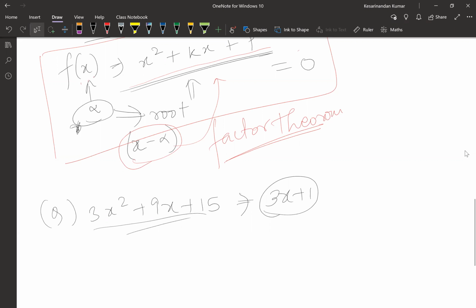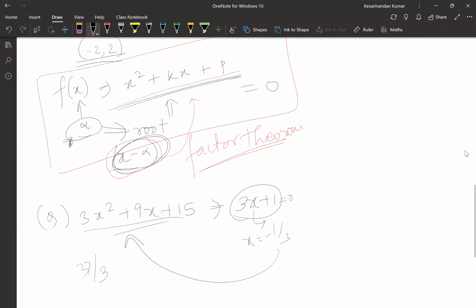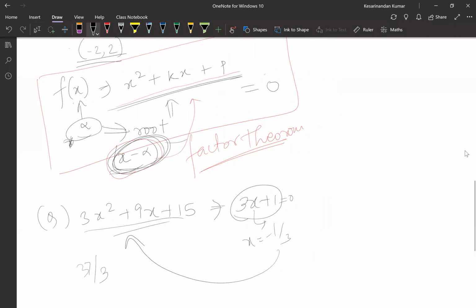Okay. So, Ashvik, see, the important thing is from here, calculate x is equal to minus 1 by 3, like I had said. Substitute the value of x here, and you will get the answer as 37 by 3. Like I had said before, if x minus alpha divides it completely, then alpha will be the root.